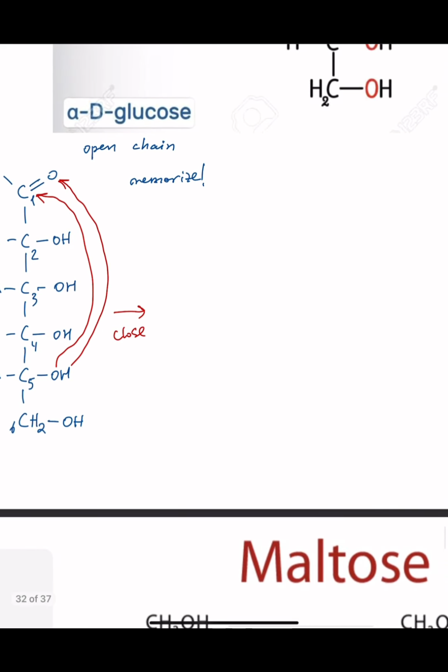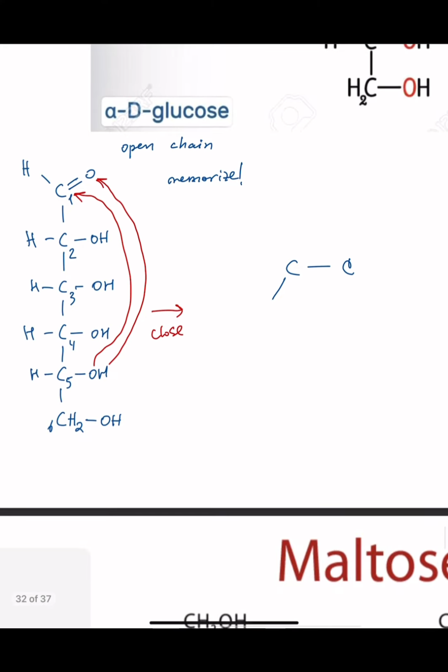The way it will look is that I have carbon. We will have here 5 carbons and 1 oxygen in the cycle, because I've got the first carbon, 2nd, 3rd, 4th, 5th, and then oxygen in here.